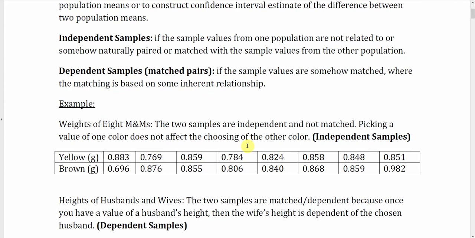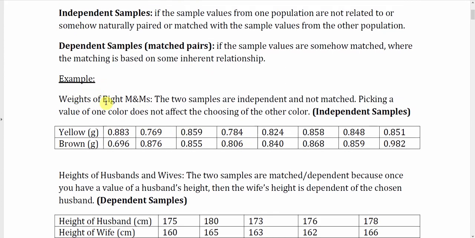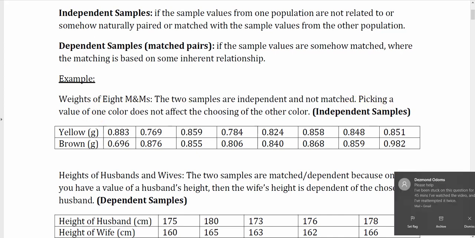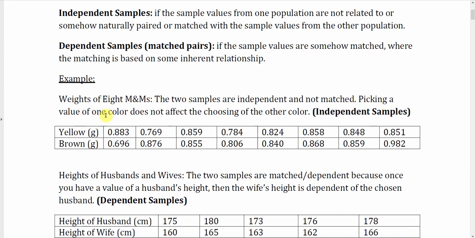For example, when we talk about the weights of M&Ms, the two samples are independent and are not matched. Why? Because picking a value from one color does not affect the choosing of the other color.